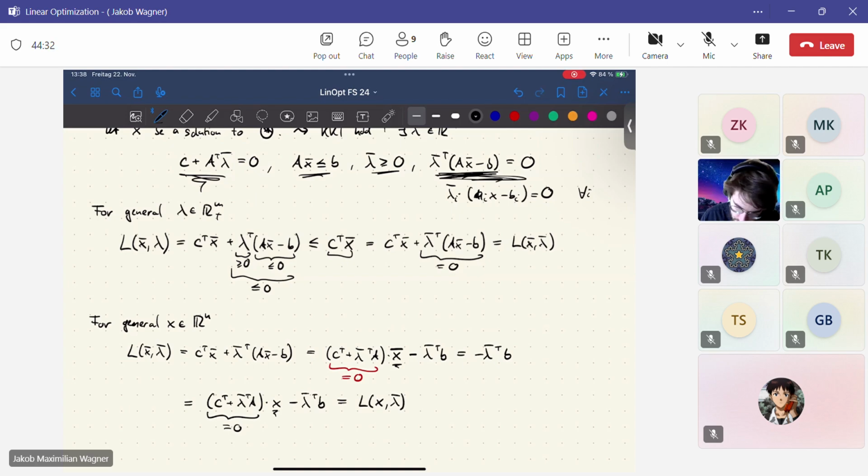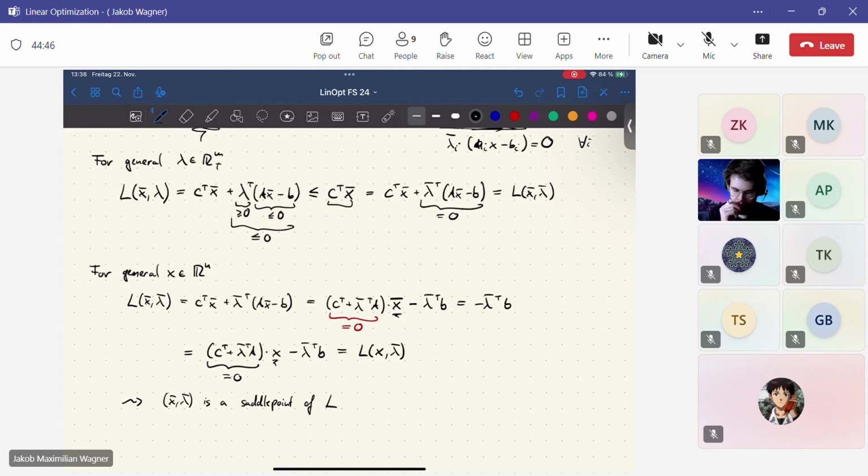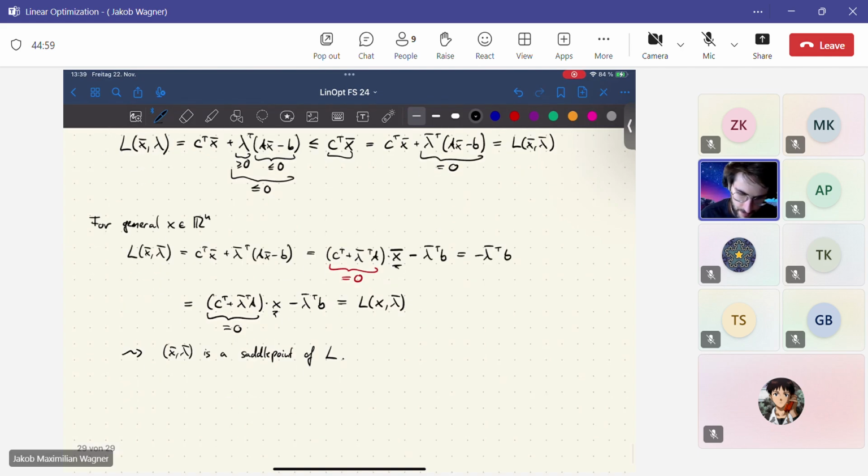So this concludes that x bar and lambda bar is a saddle point of the Lagrangian. So let's show the opposite direction, so that if we have a saddle point of the Lagrangian, then we know that the x bar solves the optimization problem.